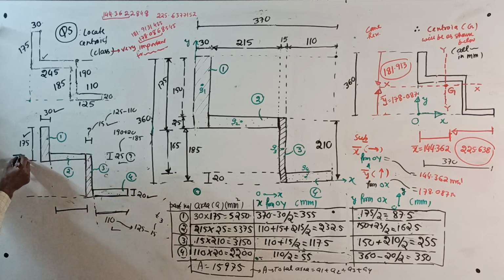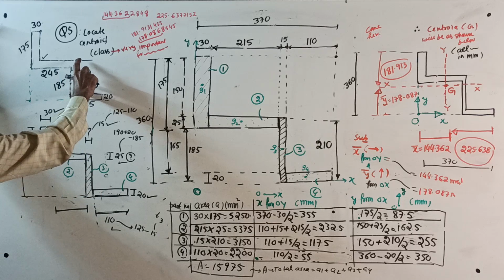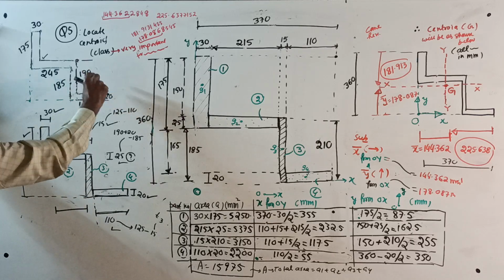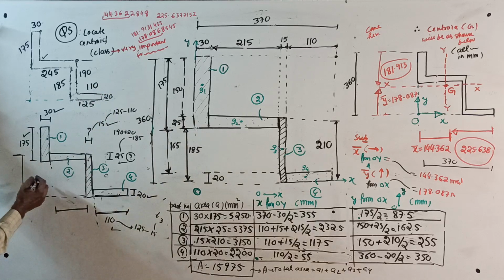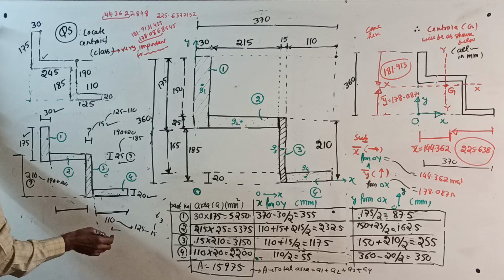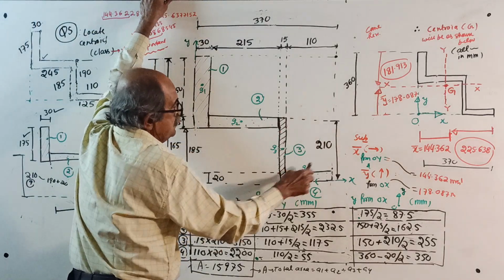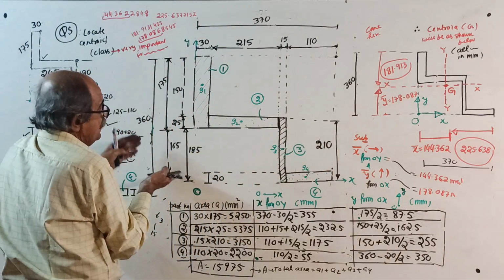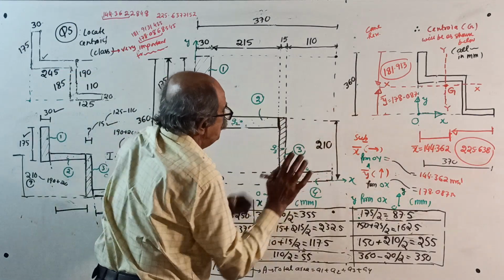From here I want this distance, 190 plus 20, that is 210. Now it is cleared. This full depth is 210. Here there is no place to write, so I projected that side and wrote 210.